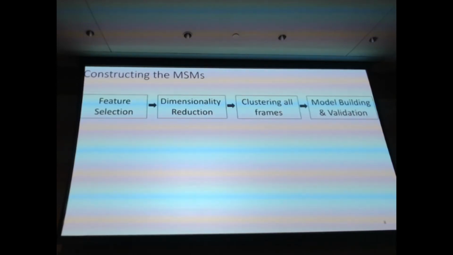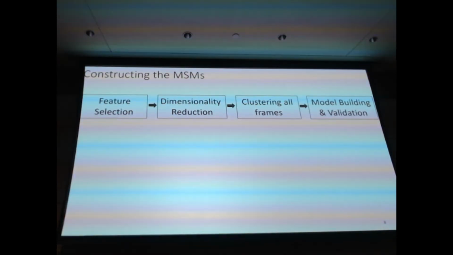So I'm going to talk a little bit about how to actually construct these Markov state models. Just very briefly, you generally do some feature selection, you do a dimensionality reduction, you cluster all the frames, and then you build and validate the model. I did a lot of these things with PyEmma, which is developed in Frank Noe's group, and is a great help.